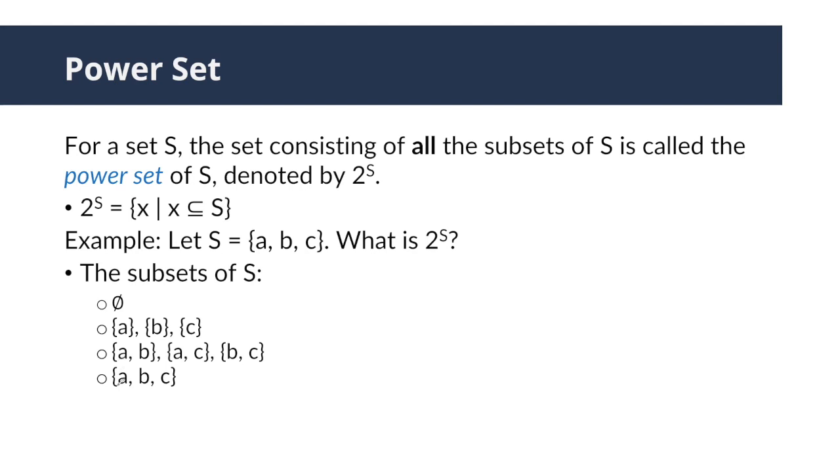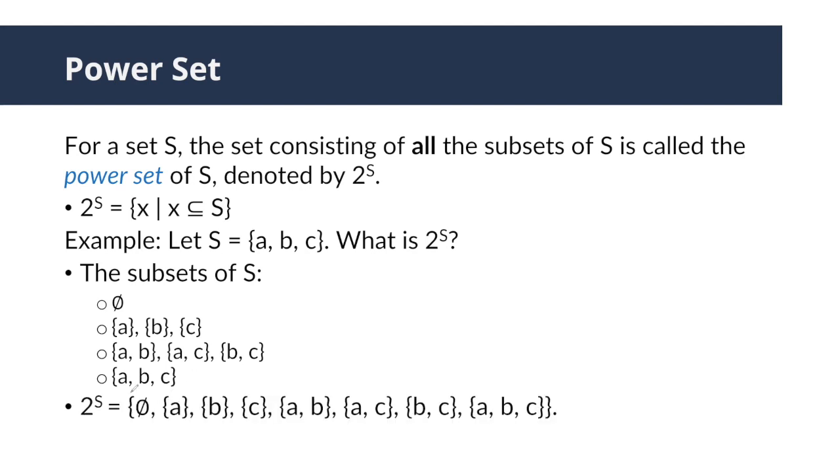Now we have completed all the subsets of S. If you put them all in one set, in other words, in a pair of brackets, now you have your power set of S. If you count, there are 1, 2, 3, 4, 5, 6, 7, 8 of them.